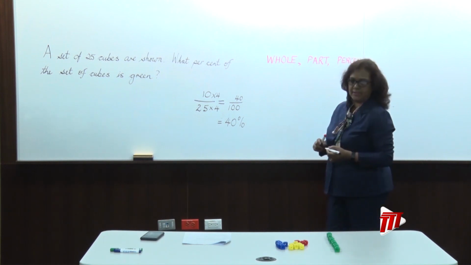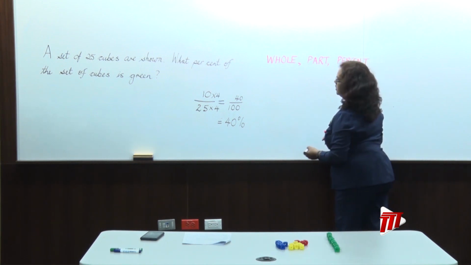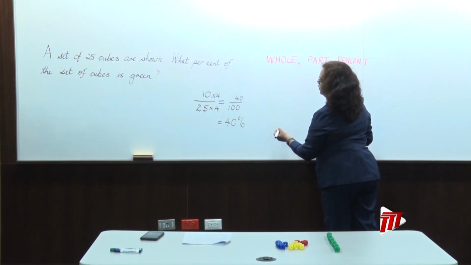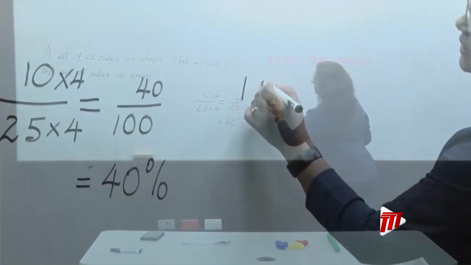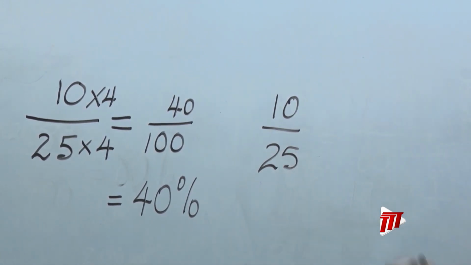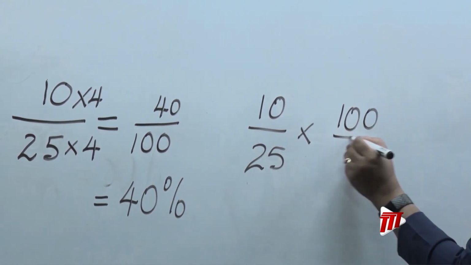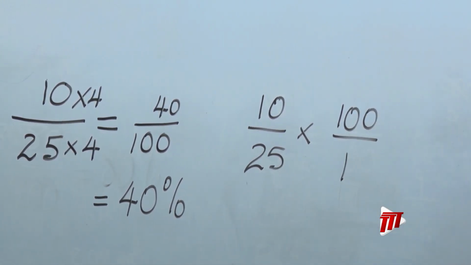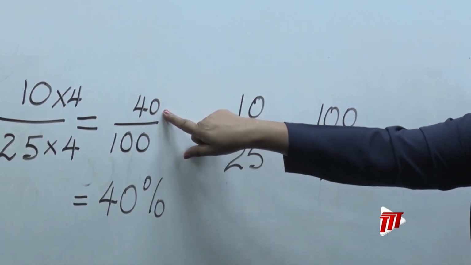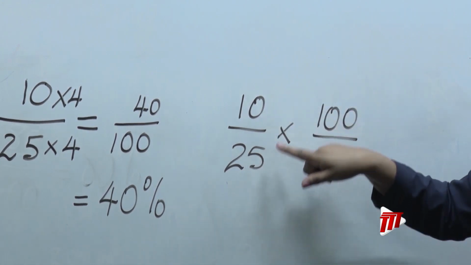Can I calculate that any other way? Yes, we can use the multiplication, which is really the equivalent fraction method in a simplified way. So I will write 10 over 25, and I'm going to multiply by 100 over 1, because I want to find what this number out of 100 is that will give me this equivalent fraction.